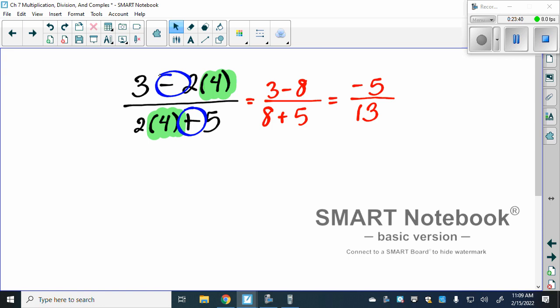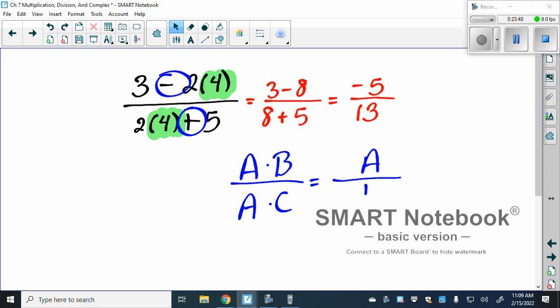Because with multiplication of a times b over a times c, the fact that I could rewrite this as a over a times b over c and simplify these out is where the simplification really takes place. Because with addition and subtraction, we've really got to simplify the numerator and denominator before we can find what's in common. Does that kind of make sense?